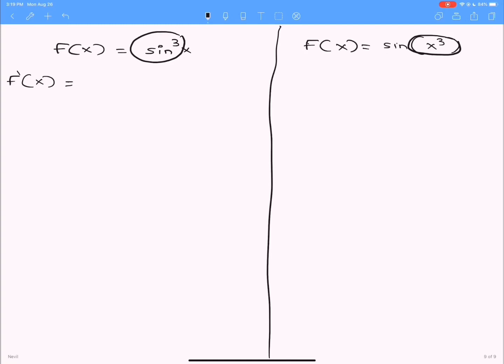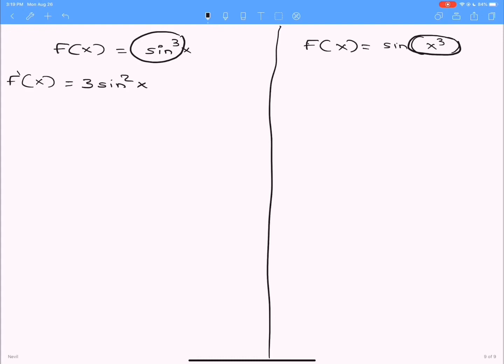Okay, so what will make that a difference? For this type of problem, you're going to apply it like a power rule. So it's going to be 3 sine square x, kind of like a normal power rule, and then you forget about the 3 like the power rule and you go inside. So what is the derivative of the inside part, which is, if you omit the 3, it's sine x.